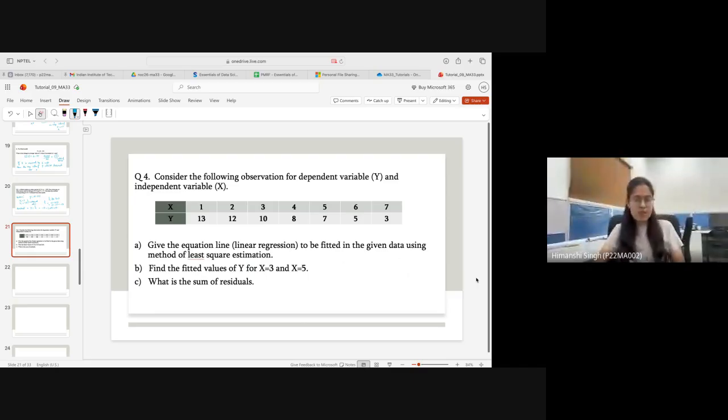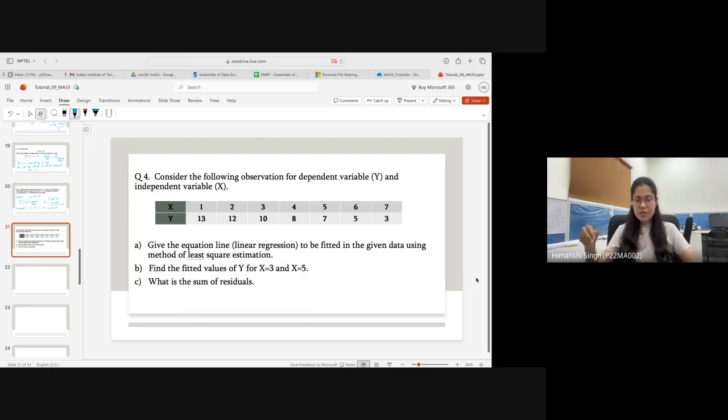So just see the data. Consider the following observations for dependent variable y and independent variable x. Here, x is the independent variable and y is the dependent variable, and the observations are given in this table. So x is 1, 2, 3, and y is 12, 10, 8, 7, 5. You can see that when x is increasing, y is decreasing.